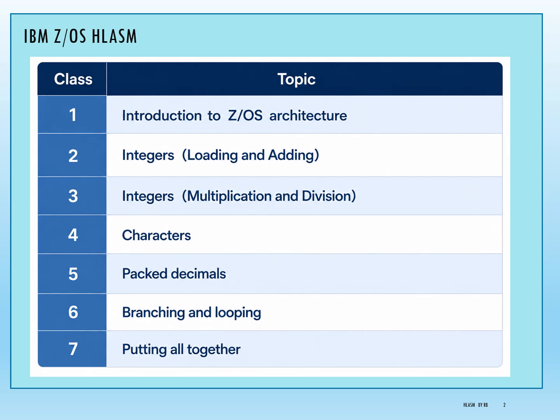This itself will take quite some time, and we will be able to cover most of the base concepts. Then we will spend some time on branching and looping, and we will go into putting it all together. So we will go through a couple of programs where, whatever we have learned in the previous classes, we will see how it really works in a program.